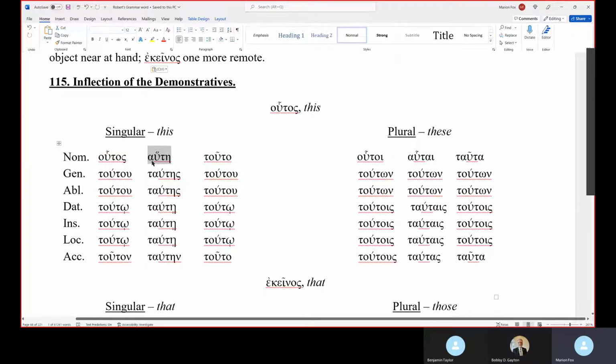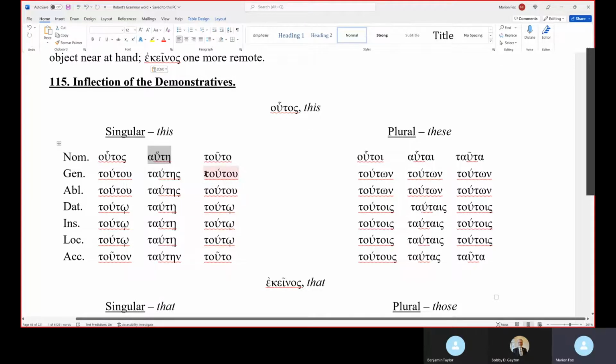This is masculine, feminine, neuter, always in that order, and then neuter, which would be your third column. Notice the genitive ablative for neuter is the same as masculine. That can be a little confusing if you're not careful. And the dative instrumental locative, neuter and masculine are the same.